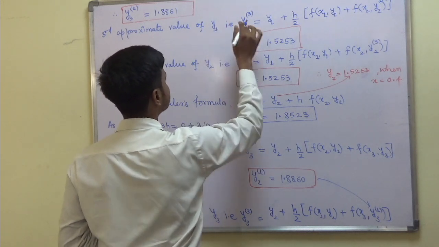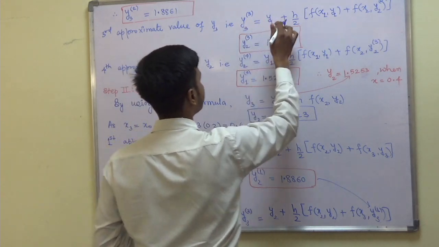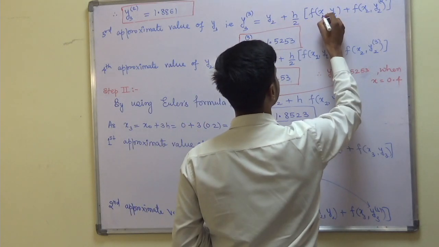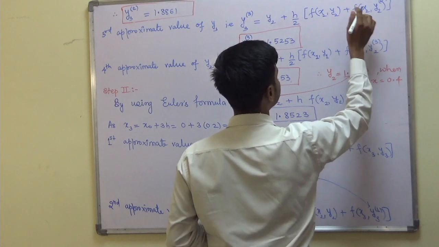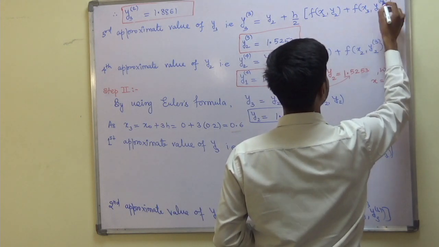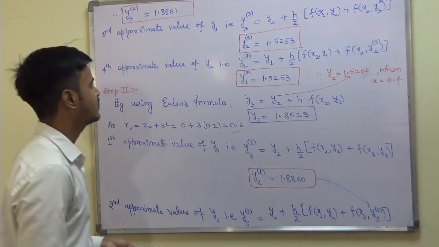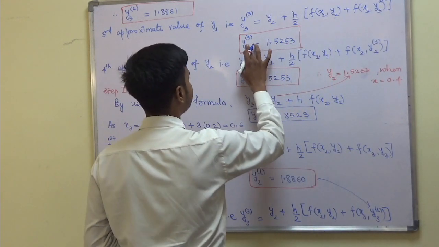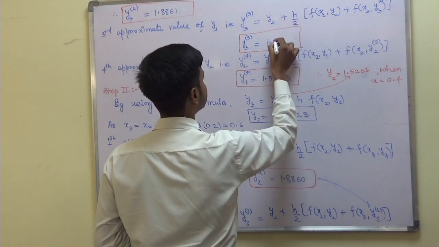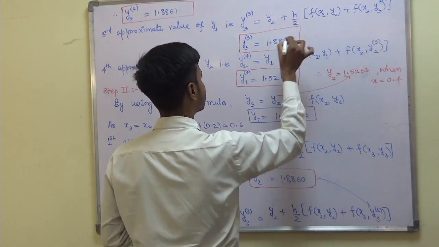So the third approximate value of y3 is given by y2 plus h by 2 f of x2, y2, x3, y3. Okay, rest of the thing is same. So y3 comes out to be 1.8861.